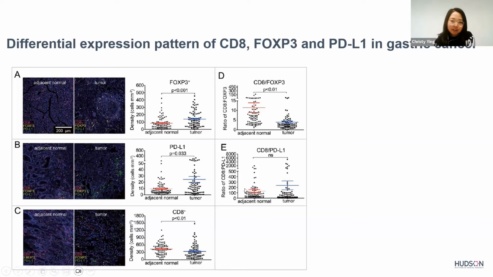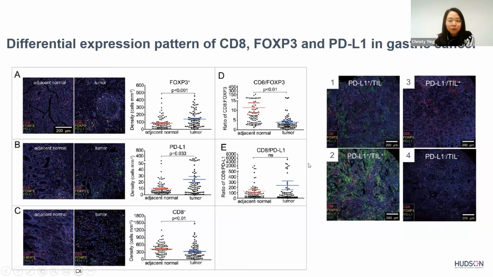We further calculated the ratio of CD8 to FOXP3 and CD8 to PD-L1, because rather than just evaluating in a single marker manner, we want to look at the relative relationship between those markers. And interestingly, we did see a significant reduction of the CD8 to FOXP3 ratio in tumor tissues compared to adjacent normal.